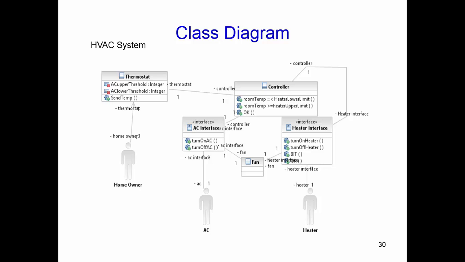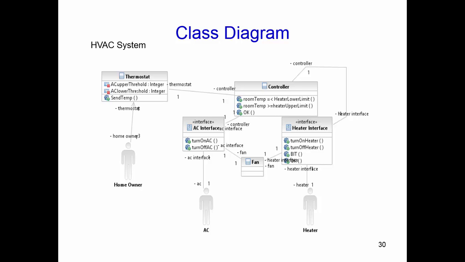Another example, this is the class diagram for the HVAC system. So as part of the class diagram, you can also include those actors as we did for the use case. So you have the controller. The controller is going to have an association with the AC interface, the heater interface, the thermostat.